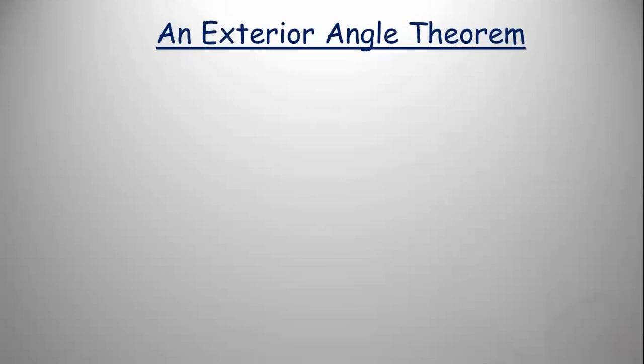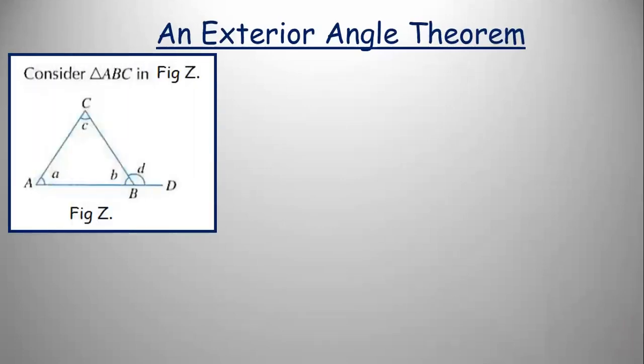Now here is the exterior angle theorem. Consider this figure Z, triangle ABC, in which we have extended AB to point D. If you see, angle D and angle B are adjacent angles lying on a straight line, and we know that the sum of adjacent angles on a straight line is equal to 180 degrees. Angles A, B and C are the three interior angles lying inside the triangle, and we know that the sum of all interior angles of a triangle is equal to 180 degrees.